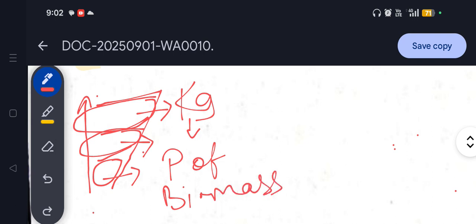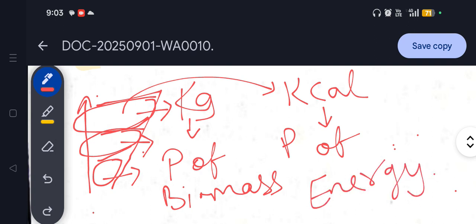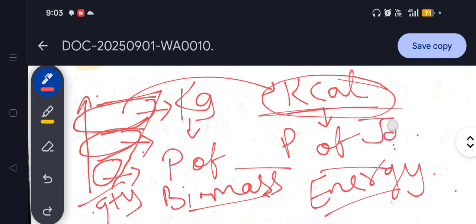And when you look at it in the category of kcal, you will be looking at it as a pyramid of energy. So this is the only difference between the pyramid of energy, pyramid of biomass, and pyramid of number. Number depends upon the quantity, biomass depends upon the total weight, and energy depends upon the kilocalories or joules. It depends upon the way it is measured.